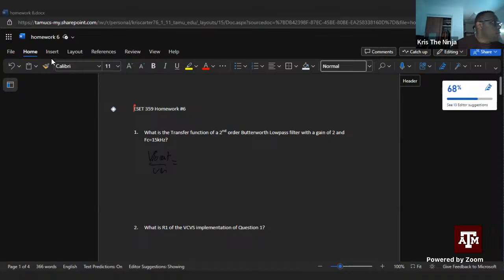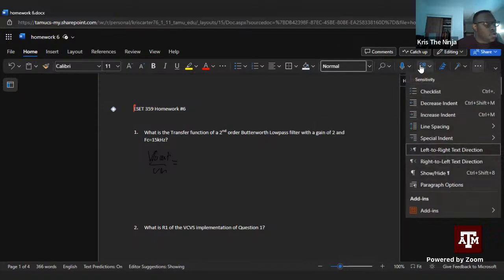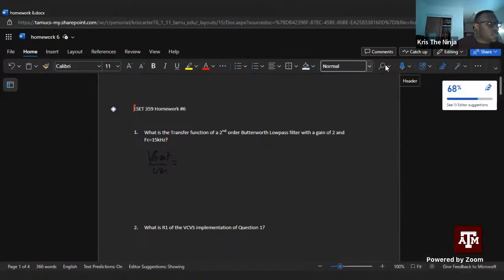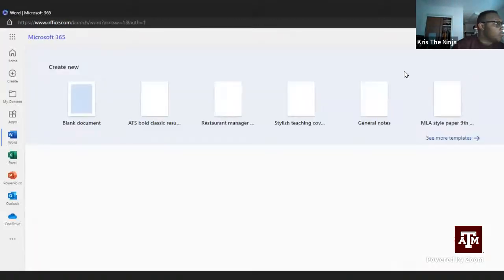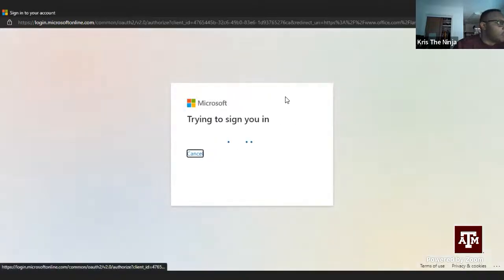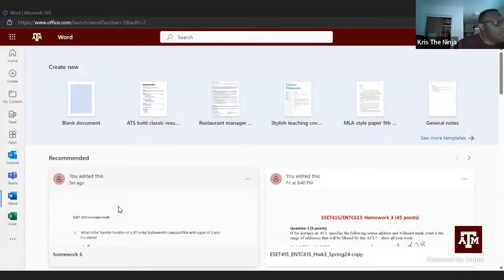Oh my goodness. Hold up a minute, y'all. I forgot how to change this. Settings. Oh no, hold up. Let's go back to this thing. I'm almost certain it just stopped sharing. So give me a second.